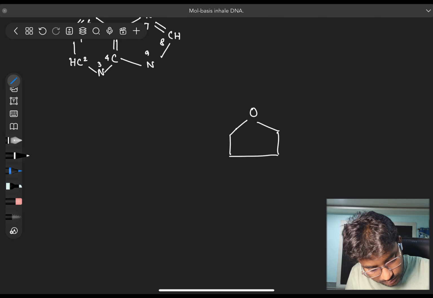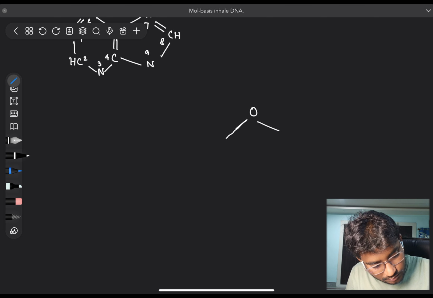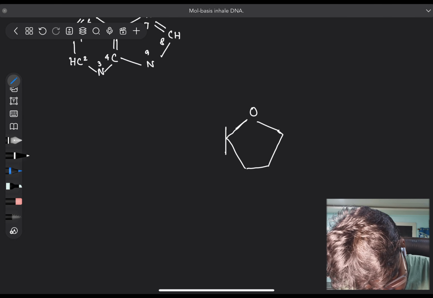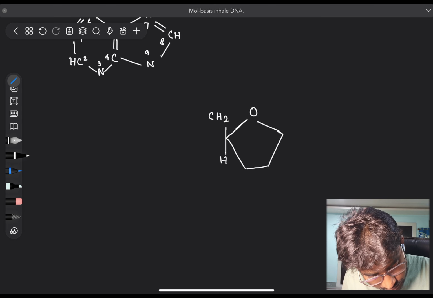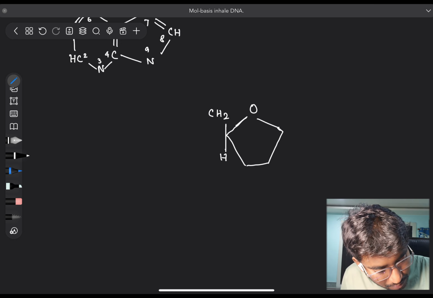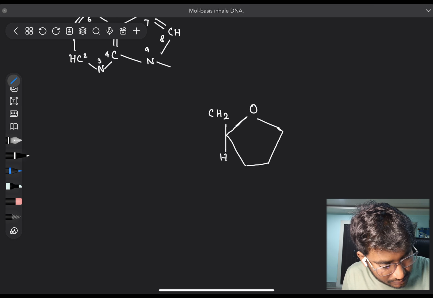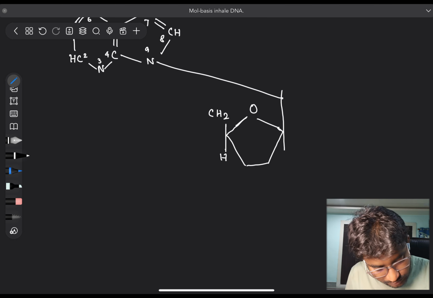Here NH2, H. This nitrogen makes a bond with this carbon, there is a bond in between them.